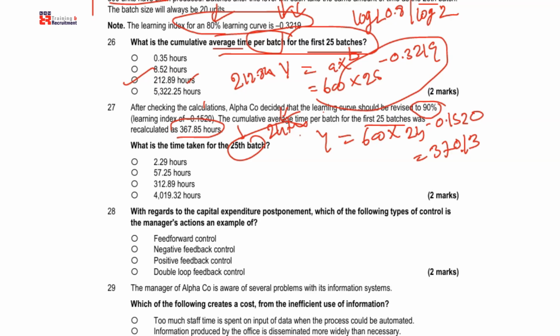Right, that is the cumulative average time per batch for the first 24 batches.